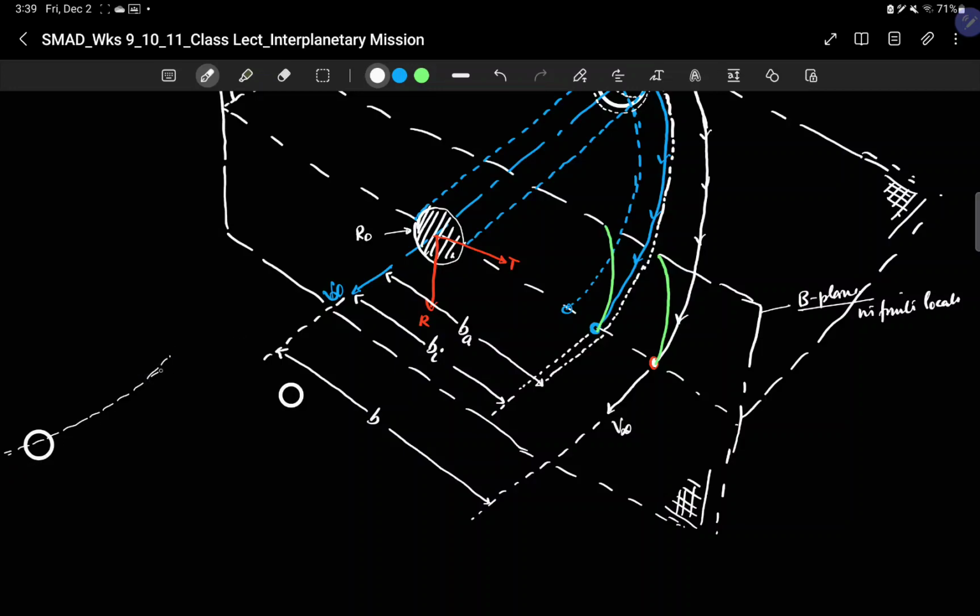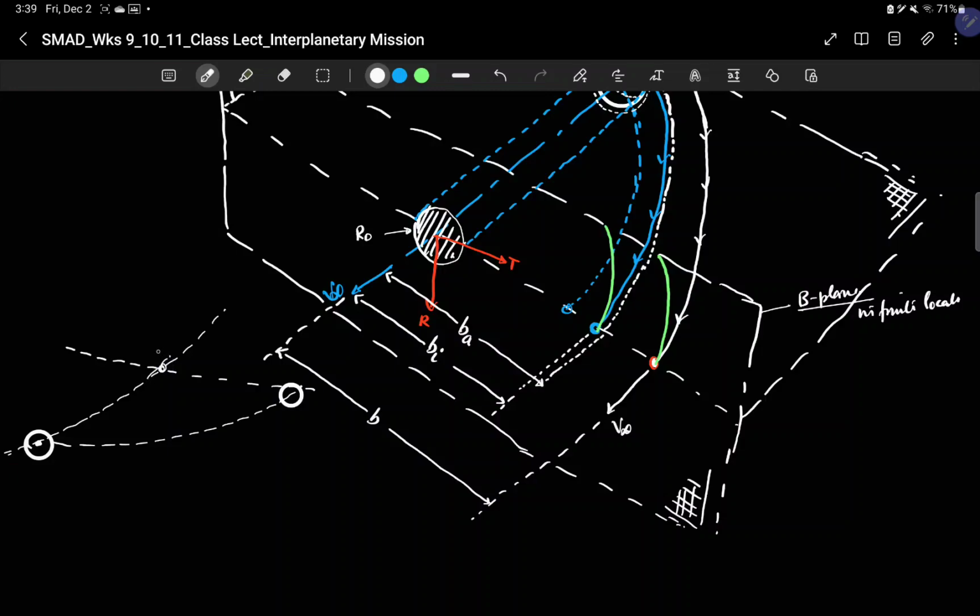This was the ecliptic of the Earth, and then there was an orbit of Venus which was at an angle to the ecliptic, and so we joined that. We said that the spacecraft leaving here will follow a trajectory all the way, and we calculated this triangle.